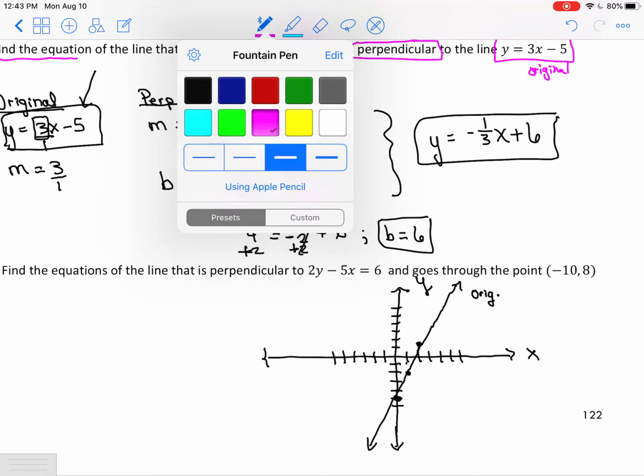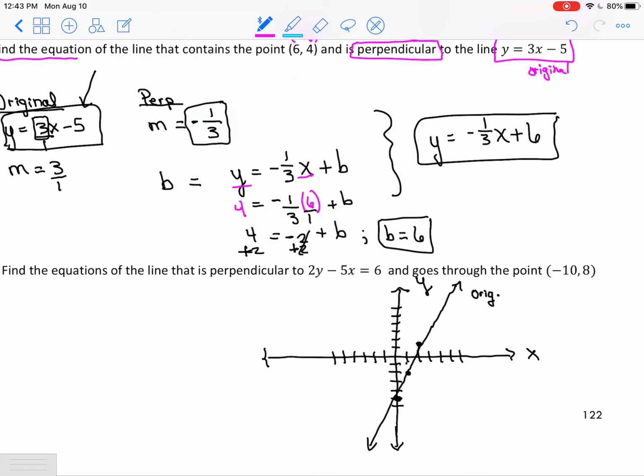Okay, and let's go ahead and graph this line. This is our perpendicular line. You notice that it crosses the y-axis at +6. Our slope is -1/3. What that means is we can either go down 1 on our y and +3 on our x, or you could go up on your y, but you'd have to go negative on your x.